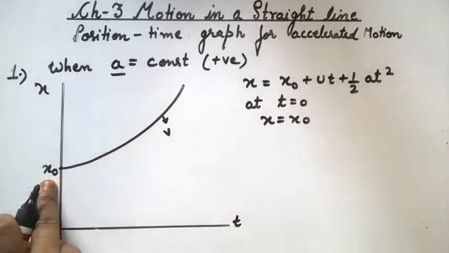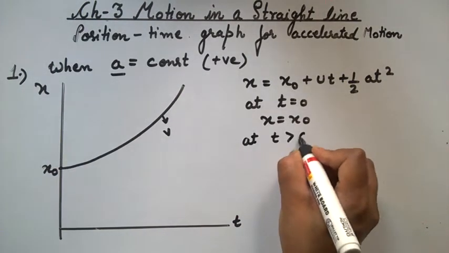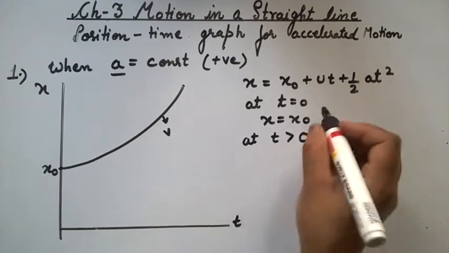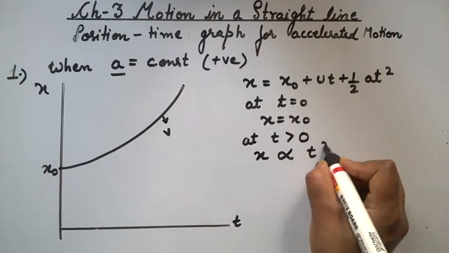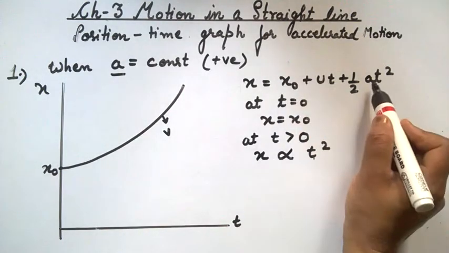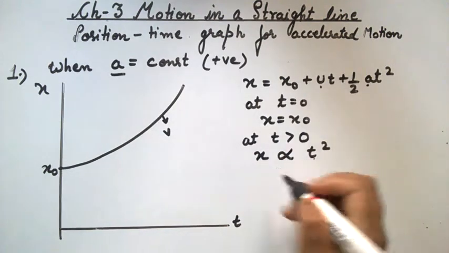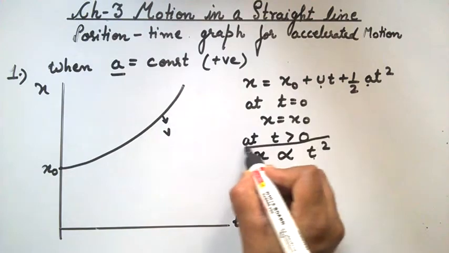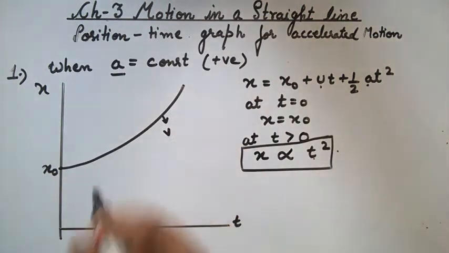This is the condition, and at time greater than 0, x is proportional to t square. Here acceleration is constant and u is constant. So x is proportional to t square. Thus, the graph is a parabola.